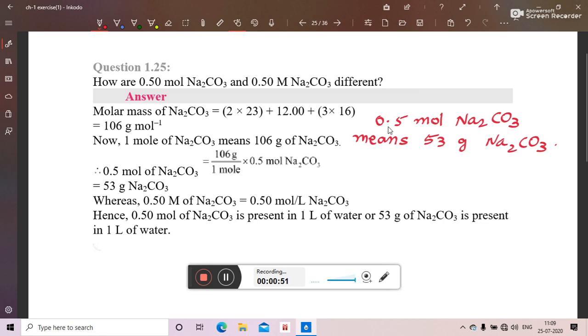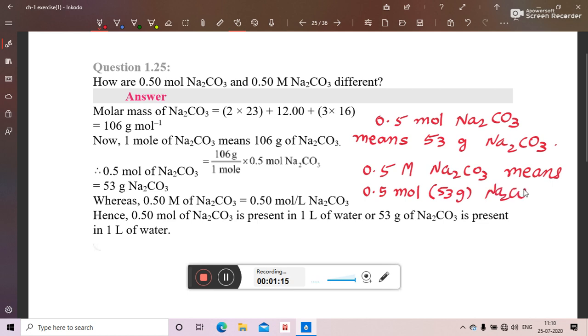mole. So mass of half mole, that is 0.5 mole, is 53 gram Na2CO3 and 0.5 molar Na2CO3 means 0.5 mole, or we can say 53 gram Na2CO3 in 1 liter solution.